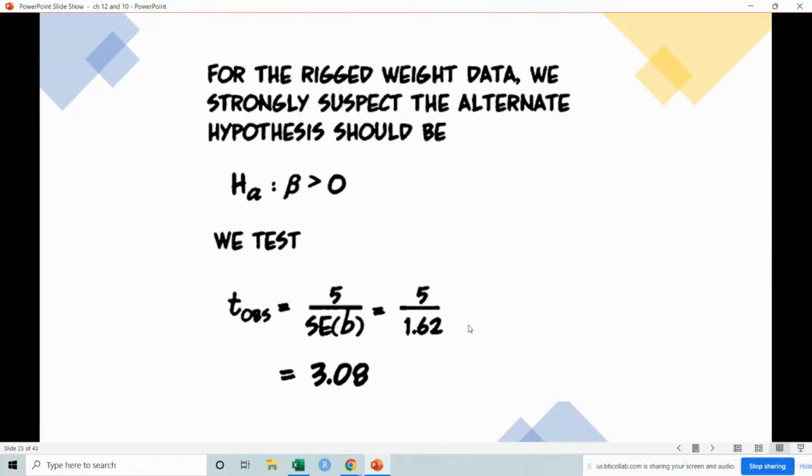For the rigged weight data, we strongly suspect that the alternate hypothesis should be beta is greater than 0. Typically you're going to use a two-tailed test unless you have a strong idea of the direction of the relationship. When you use a two-tailed test, you divide that alpha level up into two tails, making the area that you have to exceed to get a significant result smaller.